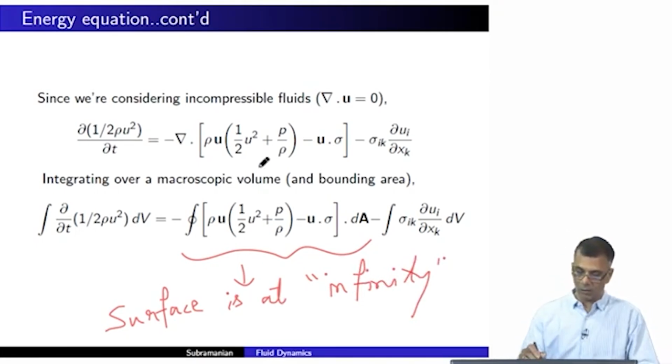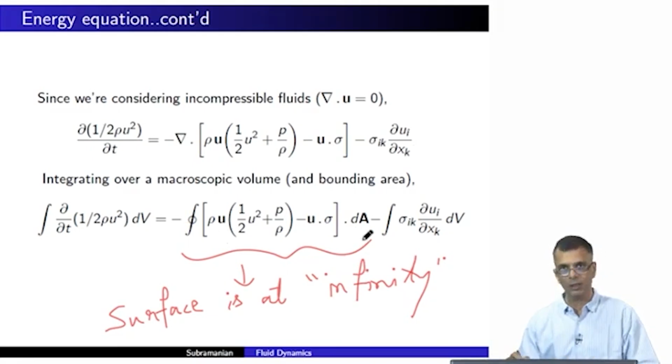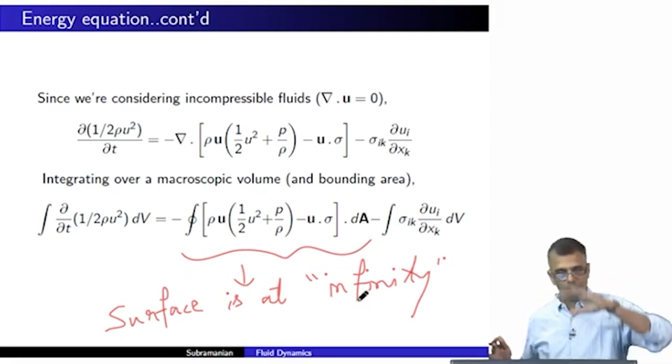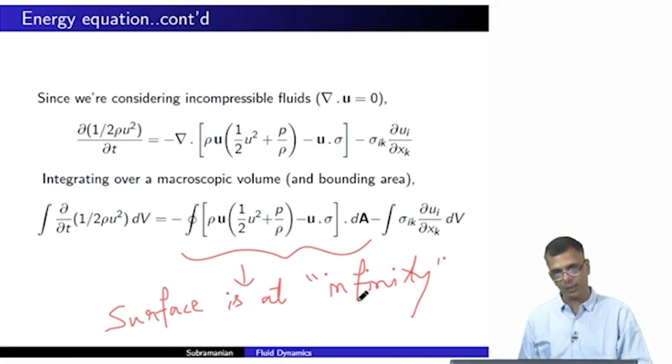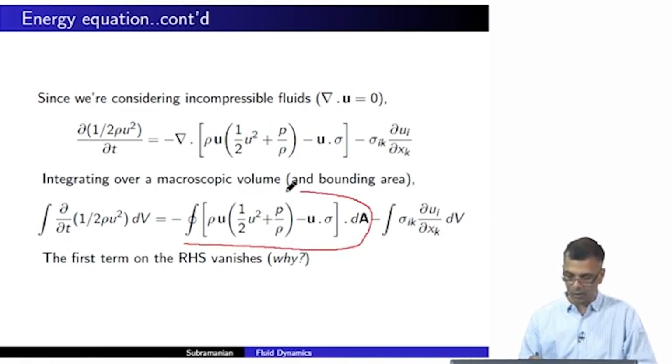In going from here to here, you take a volume integral of this term and use Gauss's divergence theorem to turn it into a surface integral. This other term we keep as a volume integral, and we're going to do something clever with it. That's also why I emphasize that in this surface integral I'm integrating over the entire fluid, and the bounding surface I take to be at infinity. As a consequence, I am allowed to throw this entire thing away.